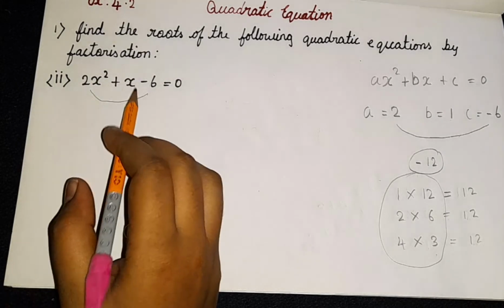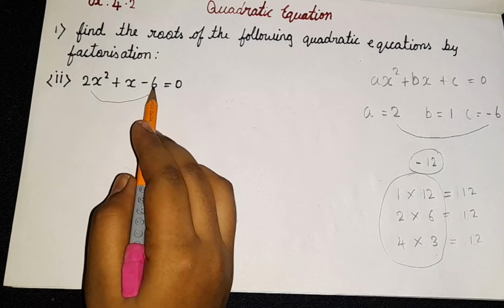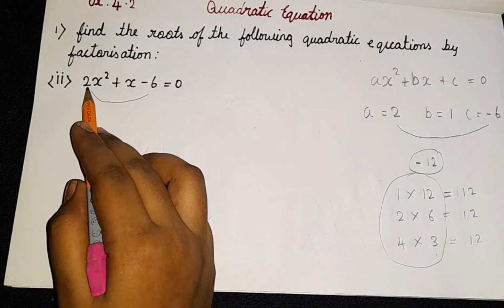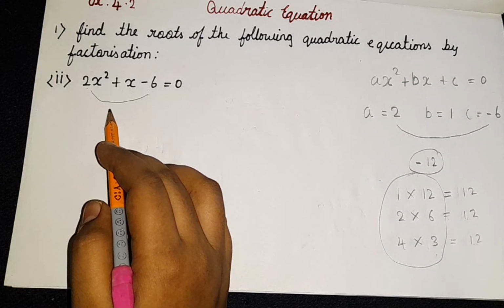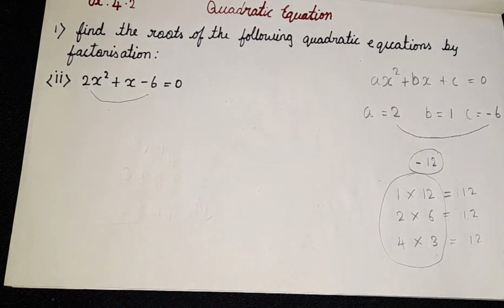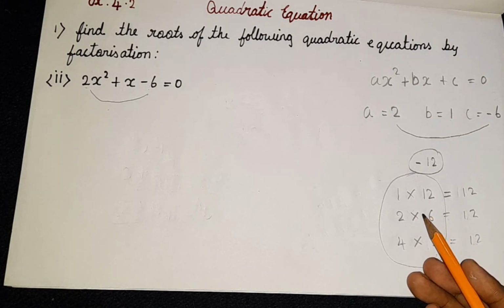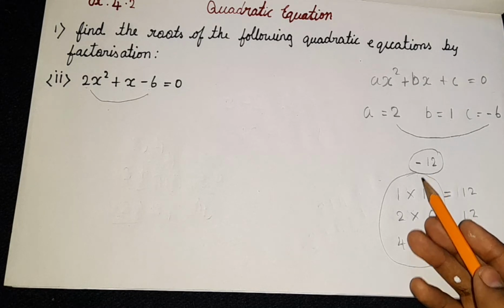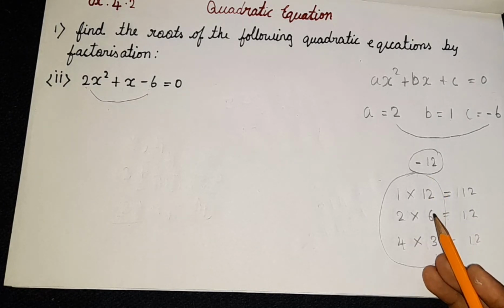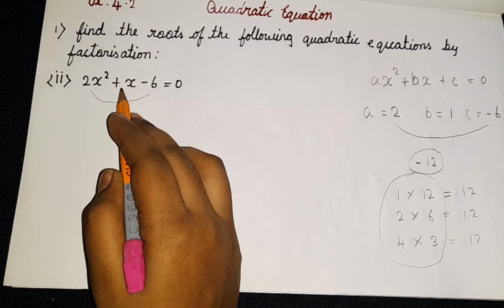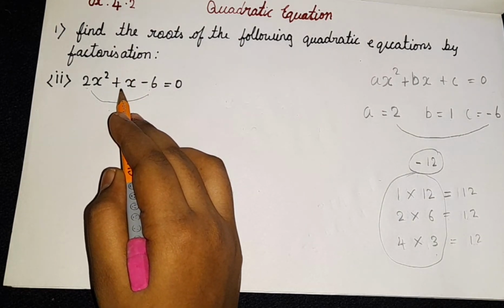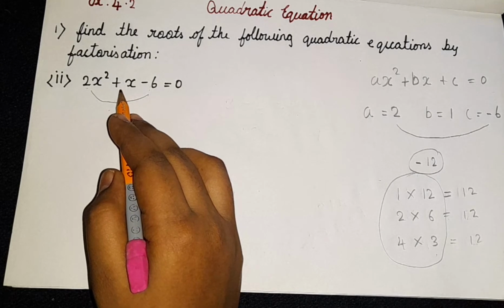Because when we multiply the first value and the last value, we get a number, and we are supposed to find the factors of that number, as we did right over here. When we multiply those factors we should get 12, but when we add or subtract the factors we should get 1, because the middle term is 1. Whatever number is in the middle, we are supposed to get that number.